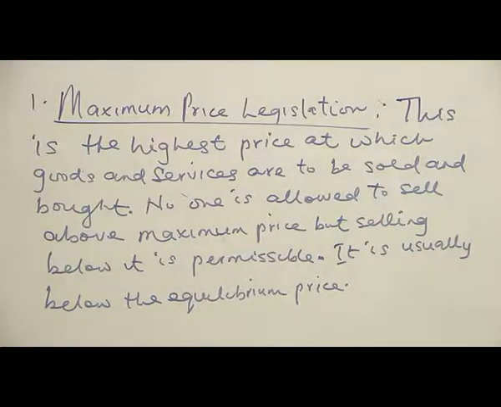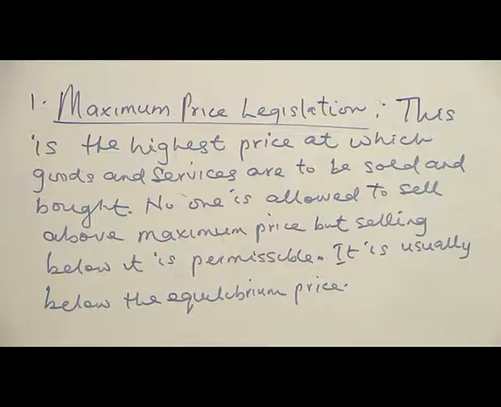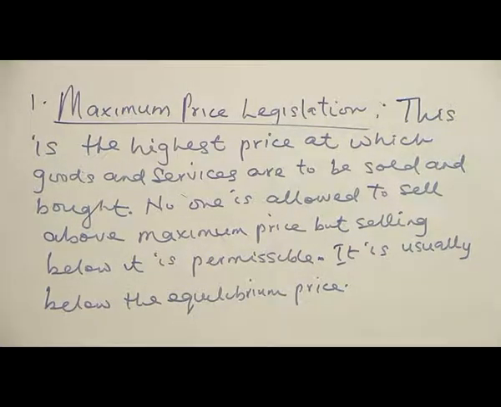What we are trying to understand here is that price control is used in order to avoid producers exploiting consumers in an economy. That is, they are trying to protect consumers against the exploitative attitude of sellers and producers. Not only that, they also use this control in order to check inflation in the economy.